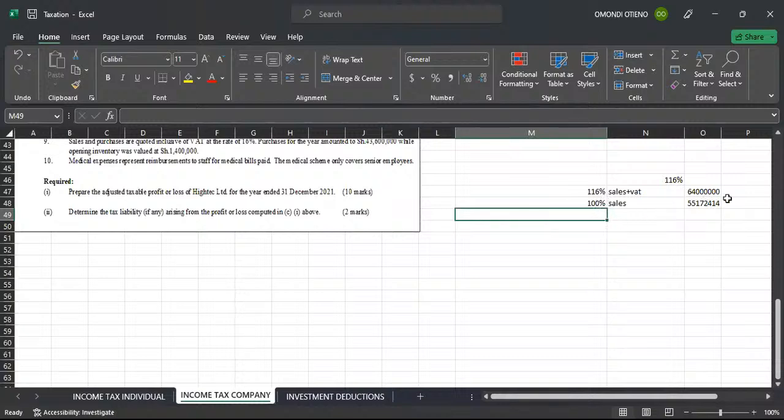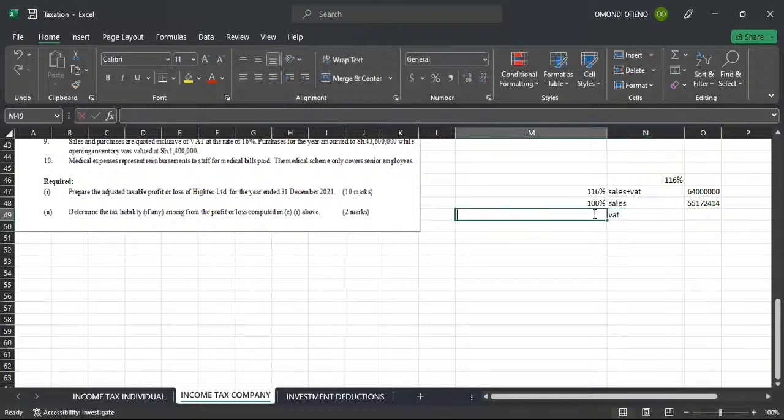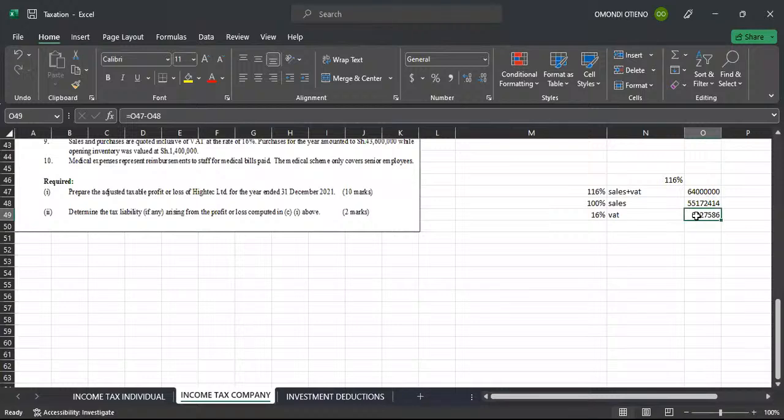So the value which you want to remove from this sales plus VAT is the VAT. And when we subtract, that is 64 minus real sales, we'll be able to get the VAT value. If VAT is the 16%, we have said it is 64 minus that to get VAT.